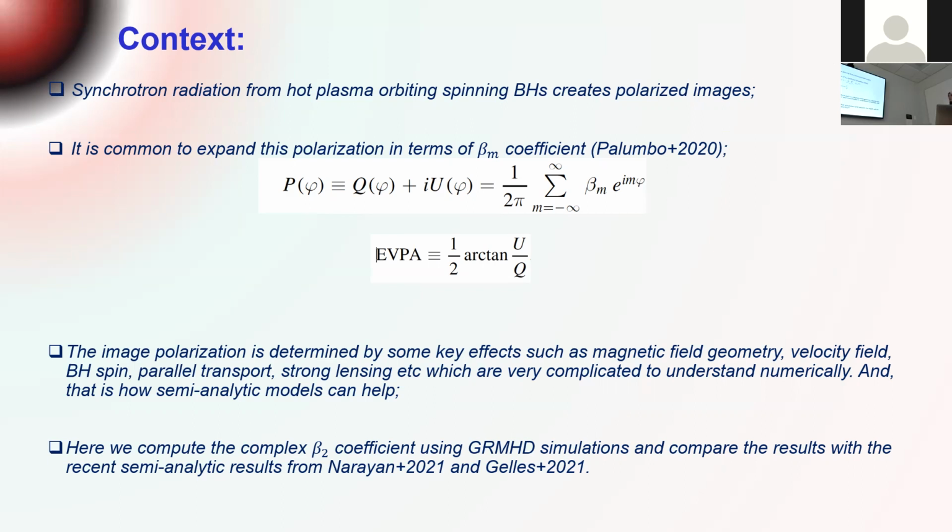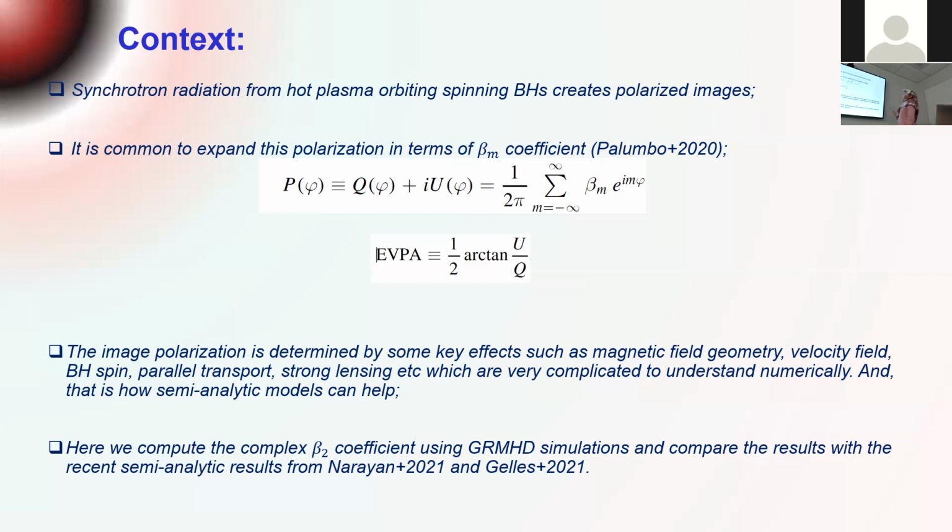That parameterization has been extensively used by the EHT collaboration, in which you expand the linear polarization in terms of beta_m coefficients, and EVPAs are half of the phase of this linear polarization. I'm going to tell you that the works show that beta_2 is the dominant mode of the linear polarization. Owing to that, hereafter I just restrict myself to beta_2.